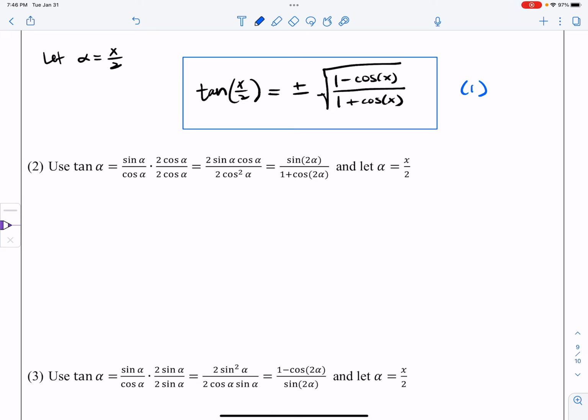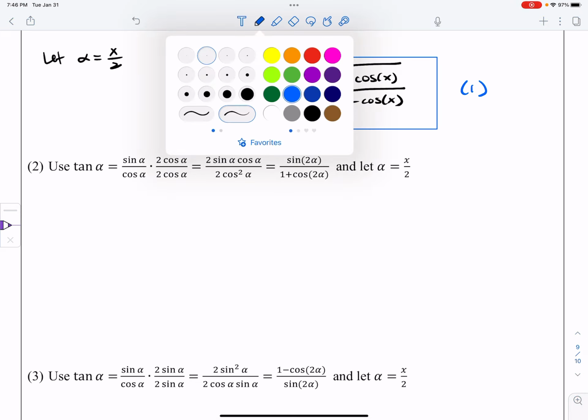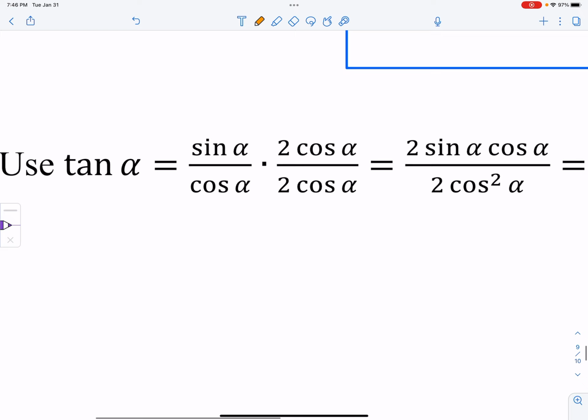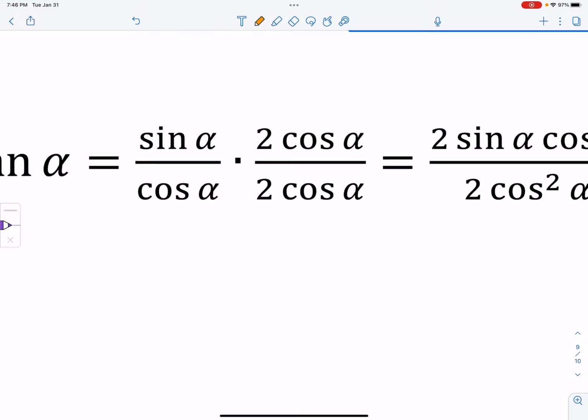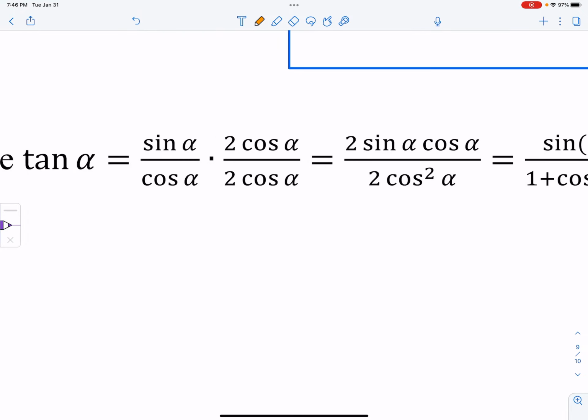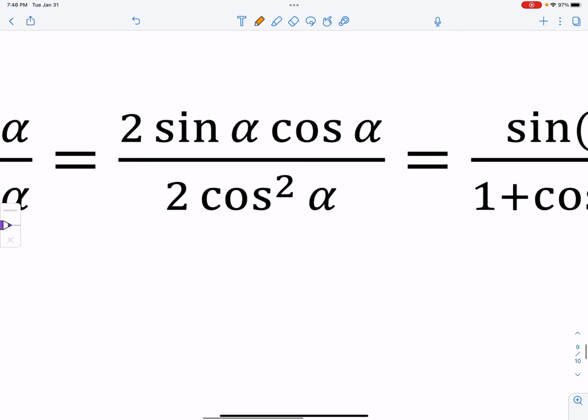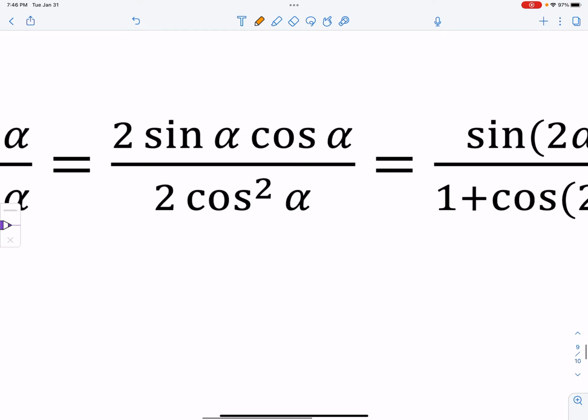Okay, and then I've typed out most of the work here, but I'm going to explain it. So tan alpha is equal to sine alpha over cosine alpha, right? And we are allowed to multiply by a version of 1, and it's still the same statement. So then that becomes 2 sine alpha cosine alpha over 2 cosine squared alpha.